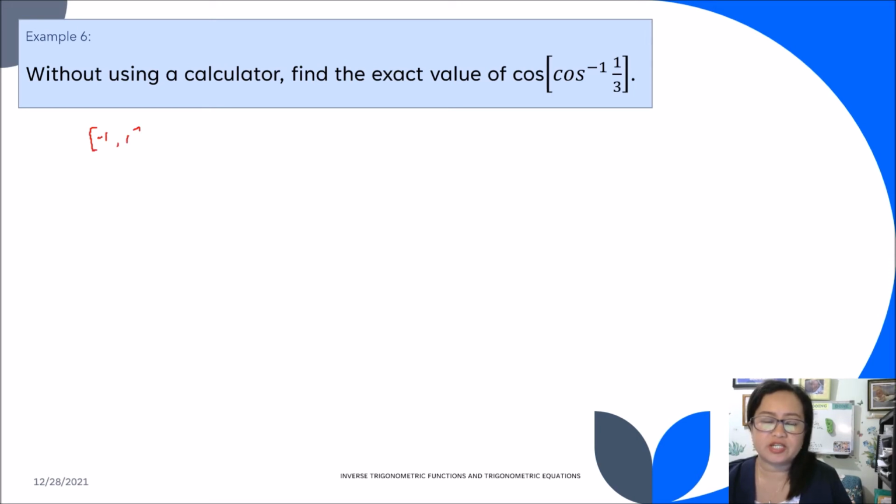We can use a number line to visualize whether 1/3 is within the range. So if we have -1, we have 0, then we have +1. Then 1/3 is here. So therefore we can apply the inverse property, which is cosine of the inverse cosine 1/3, which is just equal to 1/3.